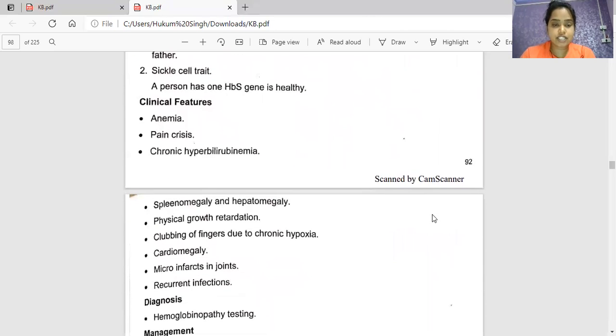So the clinical features are anemia, pain crisis, chronic hyperbilirubinemia, splenomegaly and hepatomegaly, physical growth retardation, clubbing of fingers due to chronic hypoxia, cardiomegaly, microinfarcts in joints, and recurrent infections.